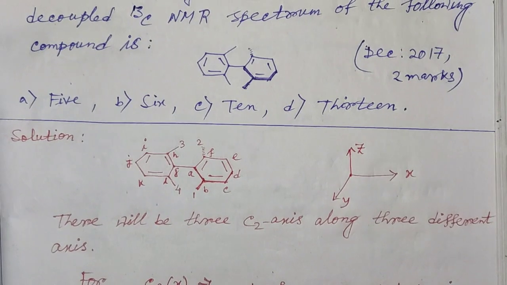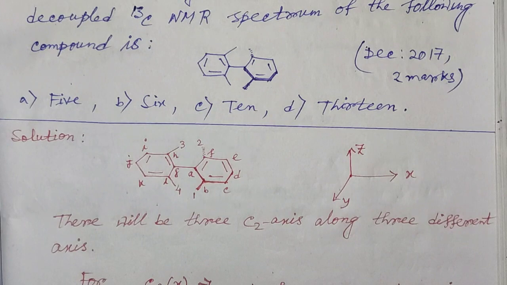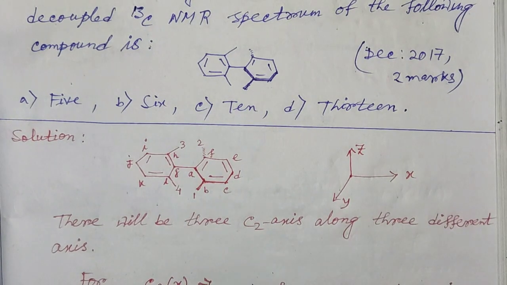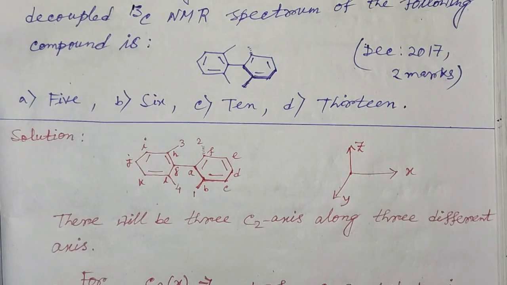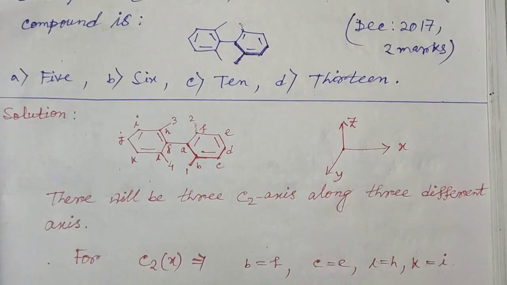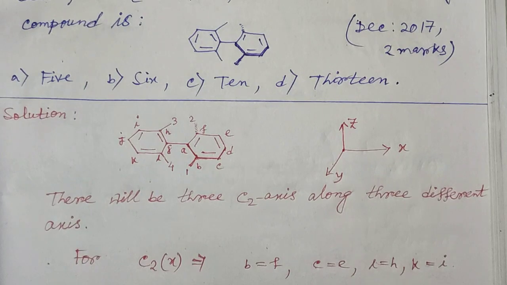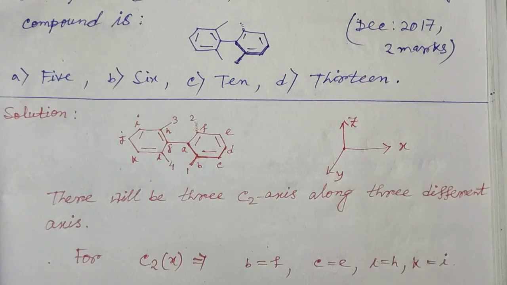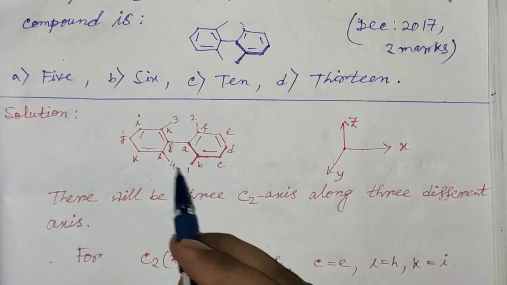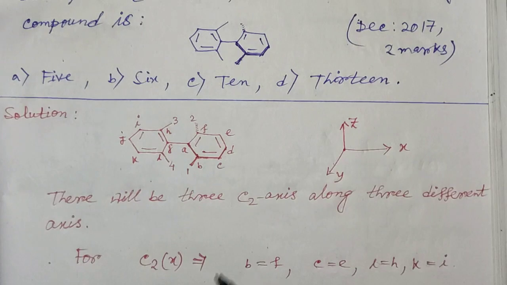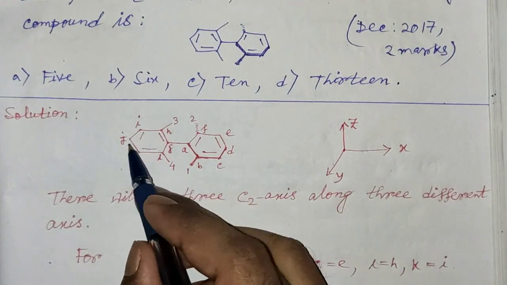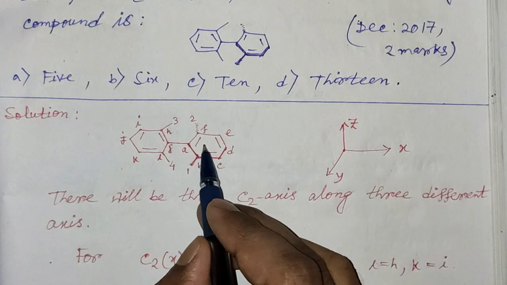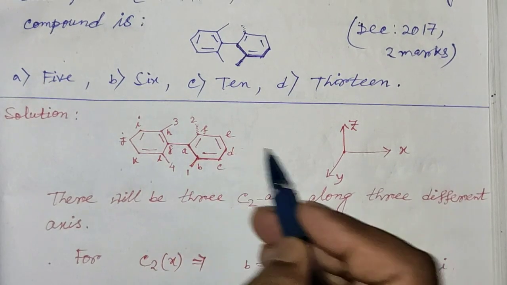Now we have to calculate the number of equivalent carbon atoms, which will correspond to the number of lines observed in the 13C NMR spectrum. To calculate this, we have to see carefully how many symmetry operations are present within the molecule. From the structure of this molecule, we can see there is a C2 axis passing through this carbon atom along the x-axis.